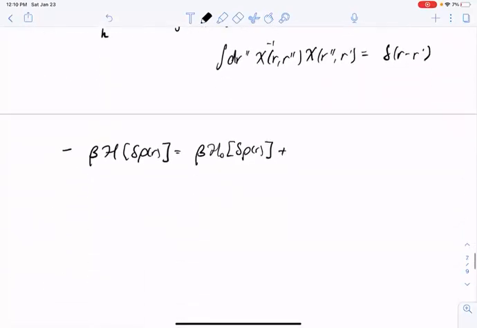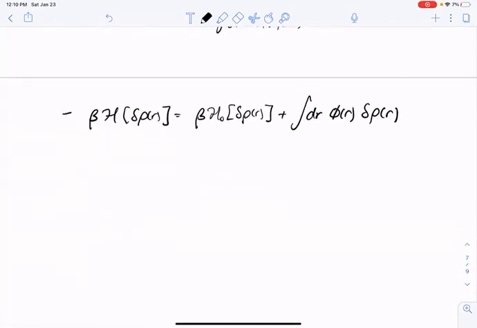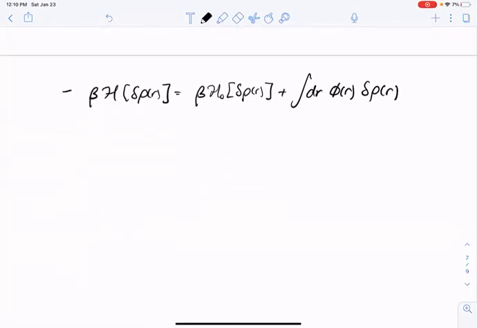That sum then becomes an integral, phi of r times delta rho of r. And now you might just be able to intuit the linear response relationship that would follow from this perturbation to the Hamiltonian.